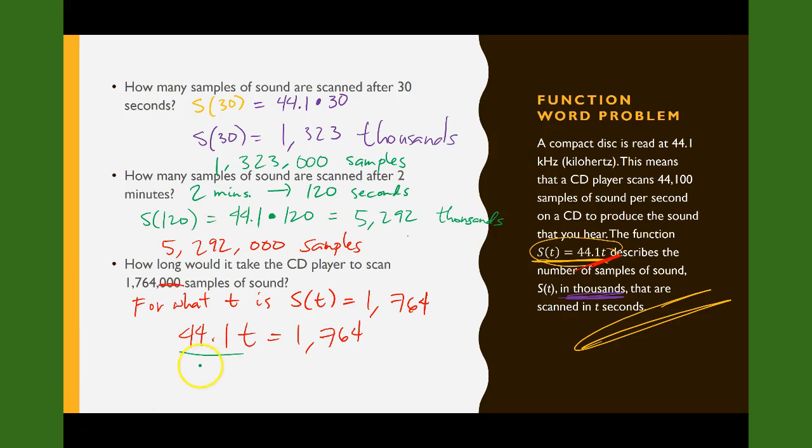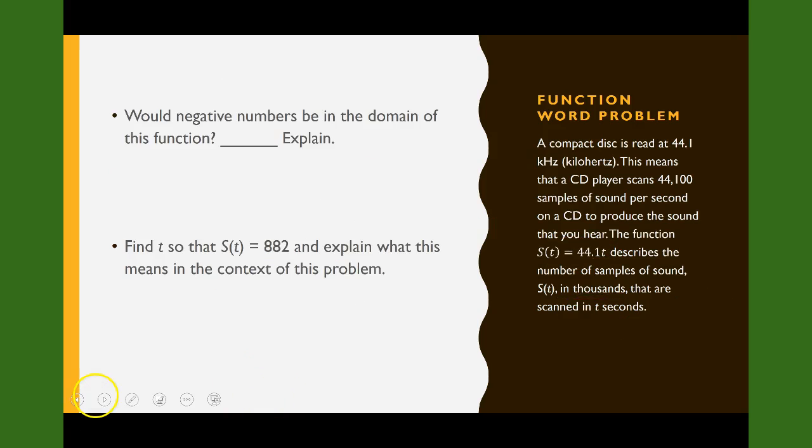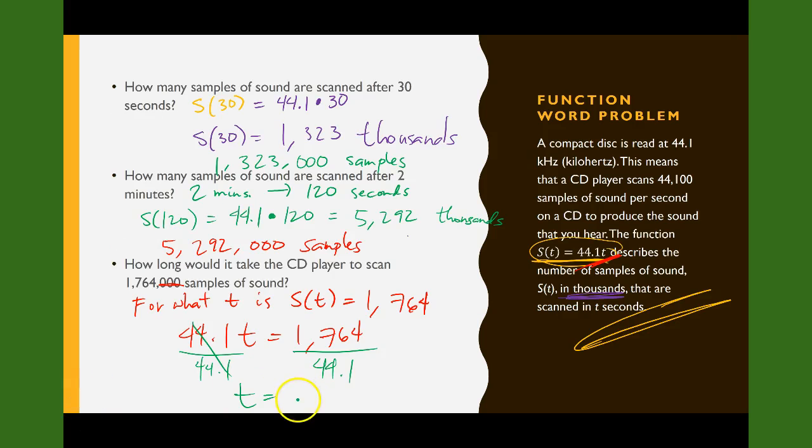If we do that, we find out that t is equal to 40 seconds. That means it takes the CD player 40 seconds to scan 1,764,000 samples of sound.